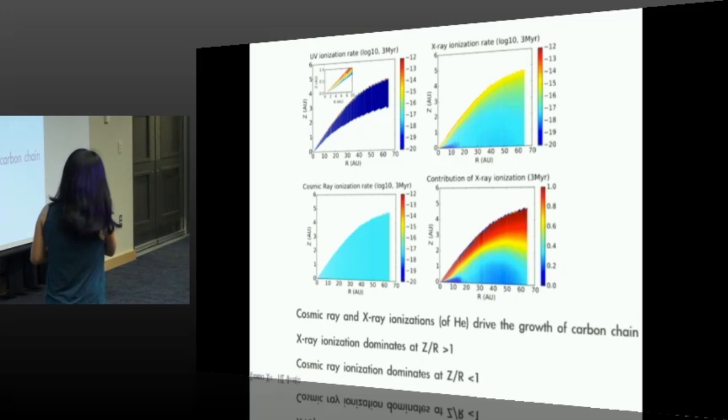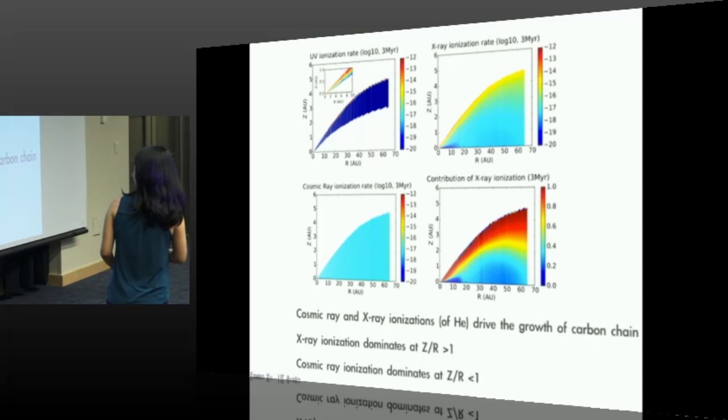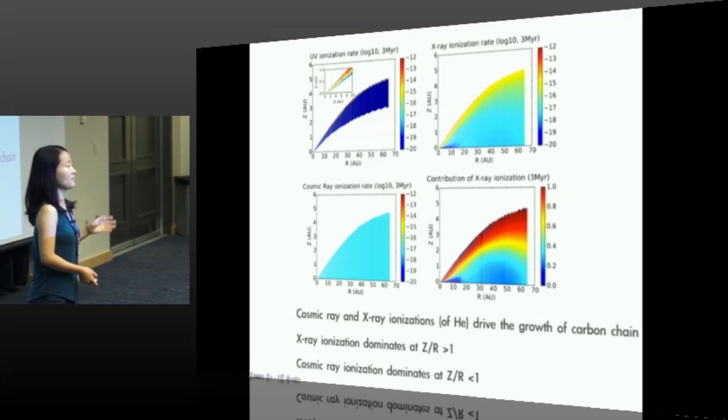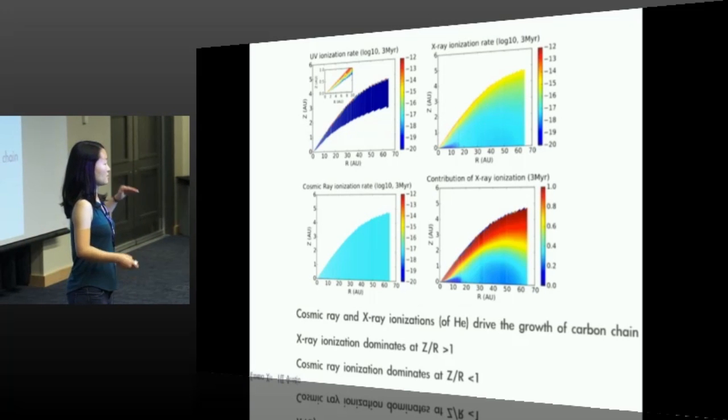In the interior, within one scale height of the disk, cosmic rays and secondary UV photons dominate. That's a great question because Elsa and Pat Bergin's group and Fred Adams have been proposing that cosmic rays can be shielded by the magnetic field of the central star or the disk.